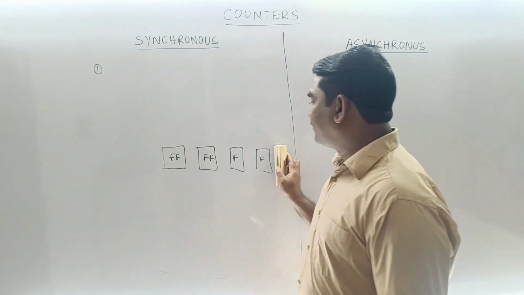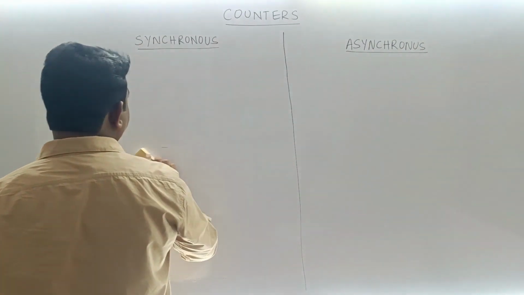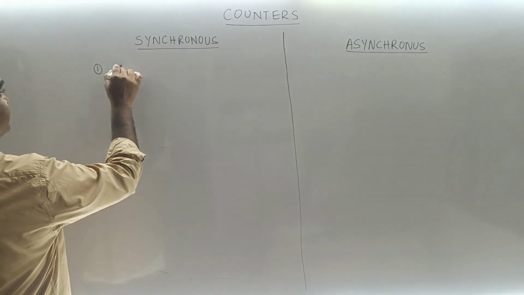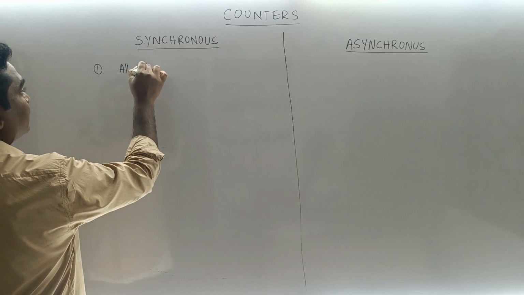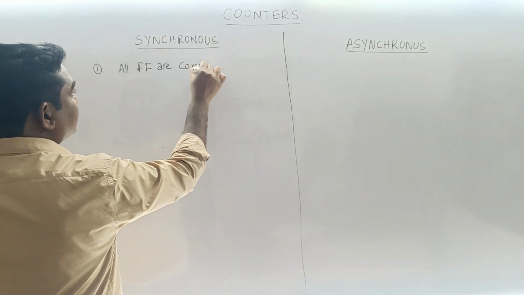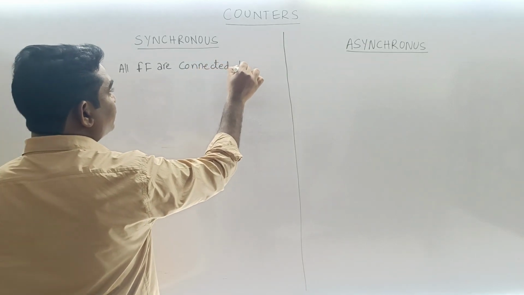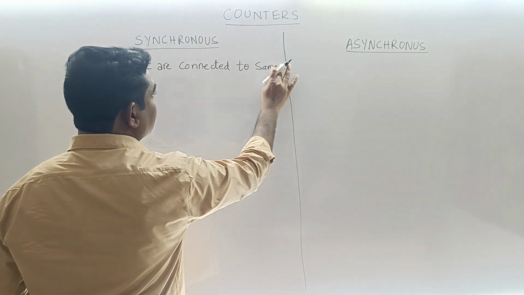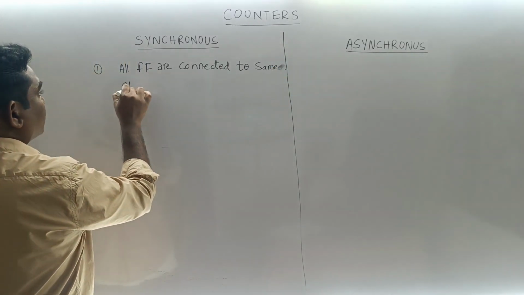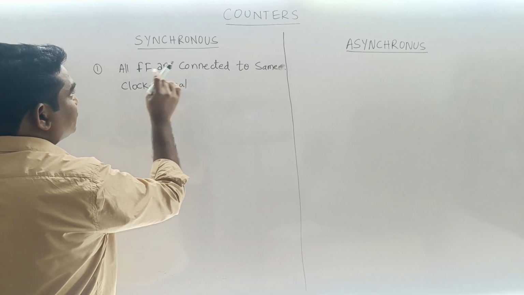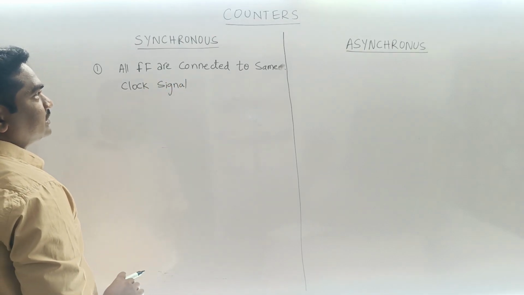So as the first point, in a synchronous counter, all flip-flops are connected to the same clock, CLK, otherwise I'll write it here, clock signal. Then it is called a synchronous circuit.